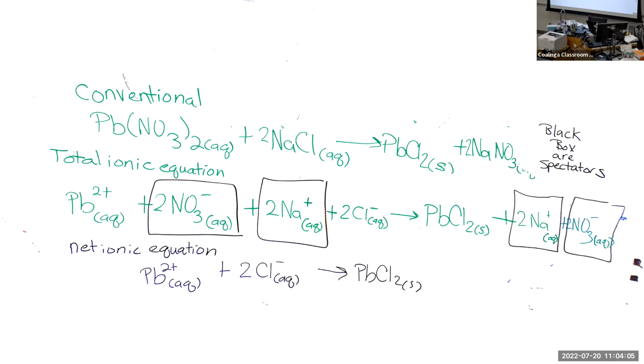Okay, so let's see if you guys actually got it. Ready? They are the spectators because we brought them down and they didn't change. That's right, they're exactly the same. The charge has nothing to do with being the same on the side, right? No, it has to do with them being exactly the same on each side.